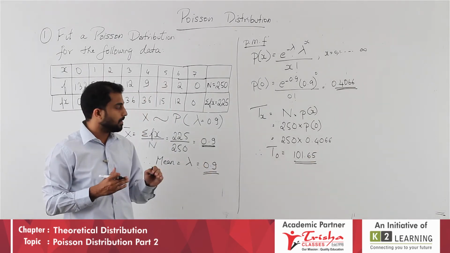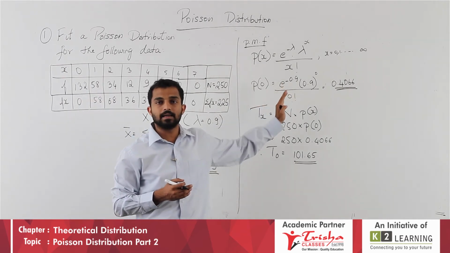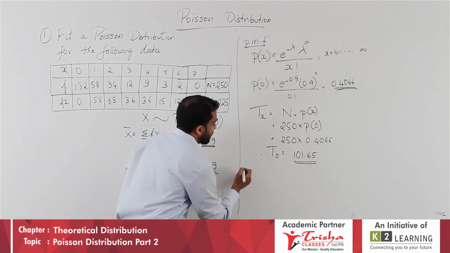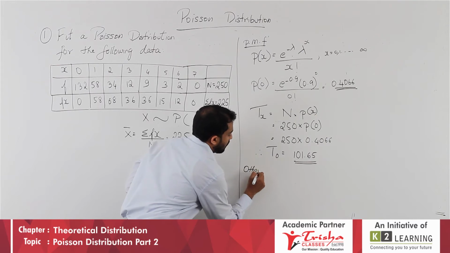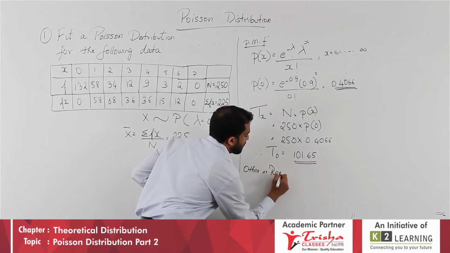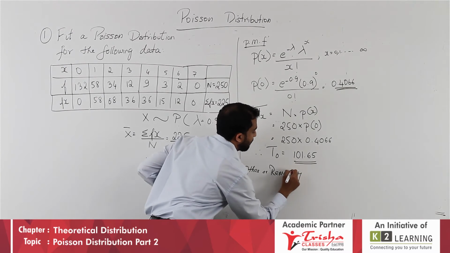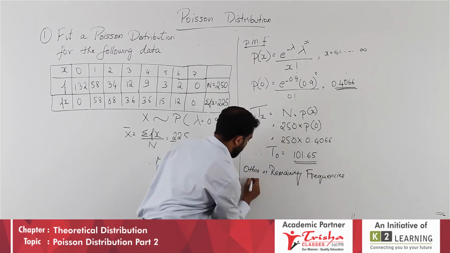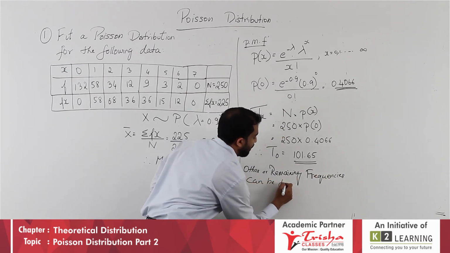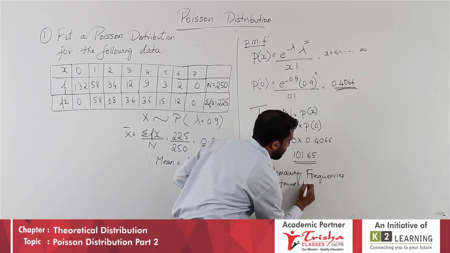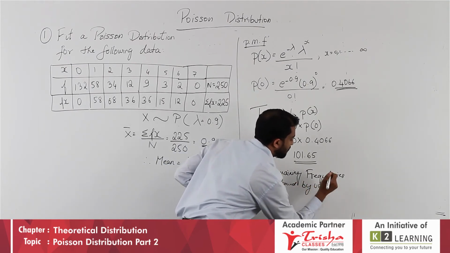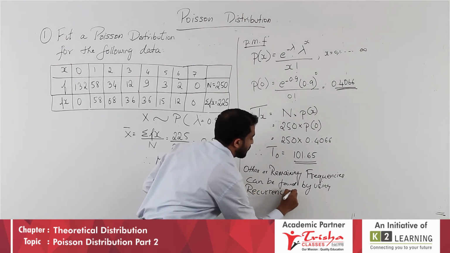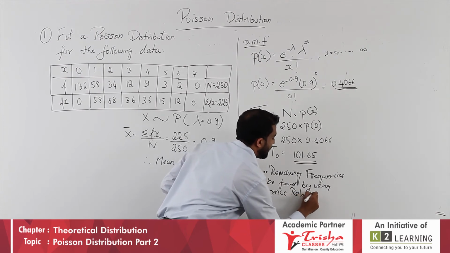After this, students, the remaining terms, you need not write the entire formula. All you can write is a statement there first, saying the remaining frequencies can be found by using recurrence relation.